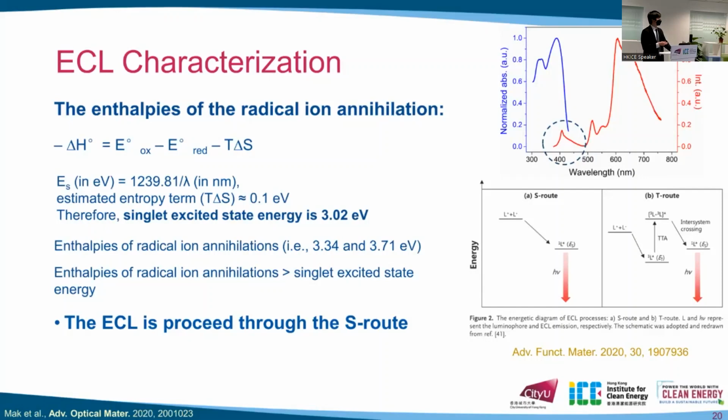Here, the enthalpy of the radical ion annihilation can be obtained by the subtraction of the reduction and the oxidation potential, and we can get the energy. And we can find that the enthalpy of ion annihilation is much larger than the singlet excited state energy. So this system is an energy sufficient process, and it goes through the S route.